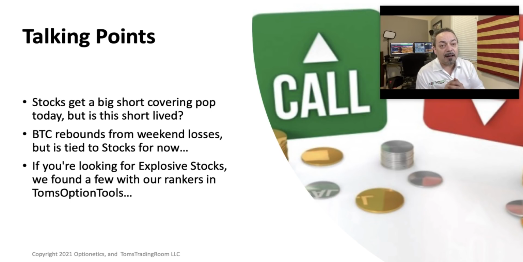And the big takeaway here is if you want to look for explosive stocks, we found a few in our rankers. And if you want to look for quiet stocks, cheap optionable stocks, and expensive optionable stocks, you now know what is in that category for this particular week.